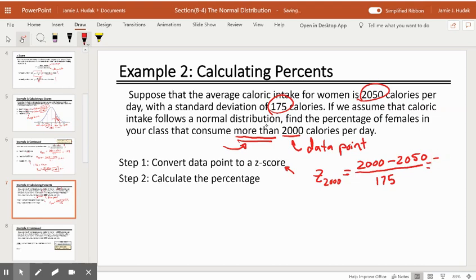And that's equal to negative 50 over 175, and that is negative 0.2857. We usually round to the hundredths. So that's our z-score.